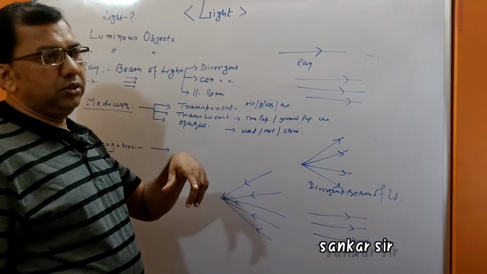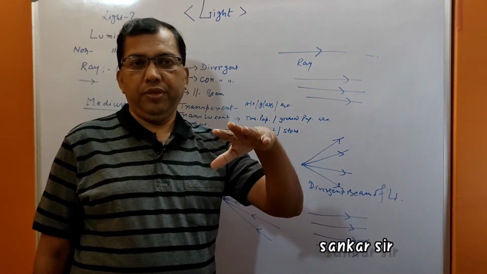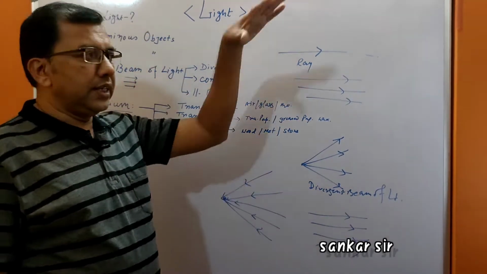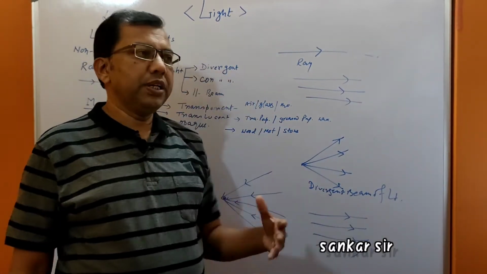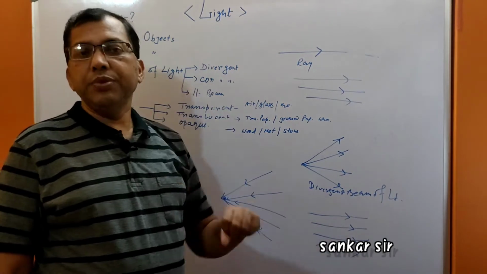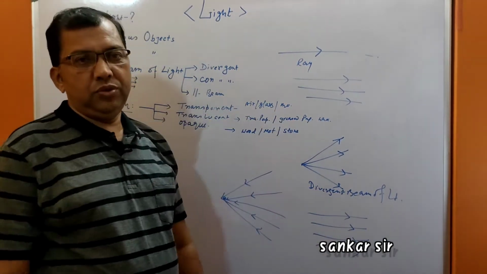In a transparent medium, light can pass freely and smoothly. Air, glass, and water are transparent media.